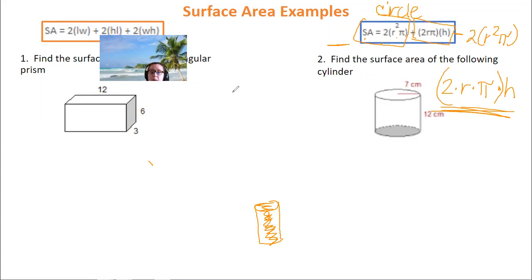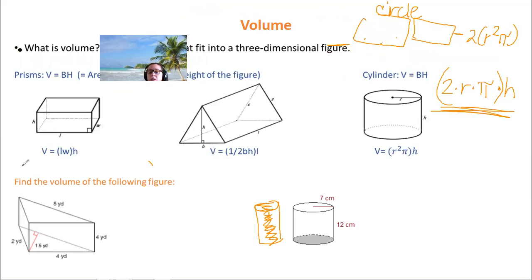Oh, that's volume. I'm so sorry. That's surface area. Let's go back to the volume. Yeah. Huh. That's a good question. I would think you still do the same formula because it would still have that space in between.